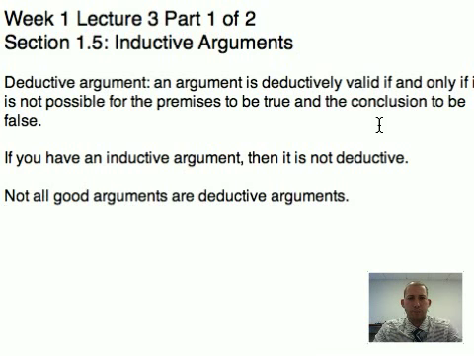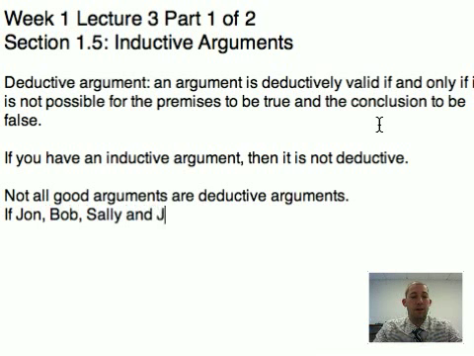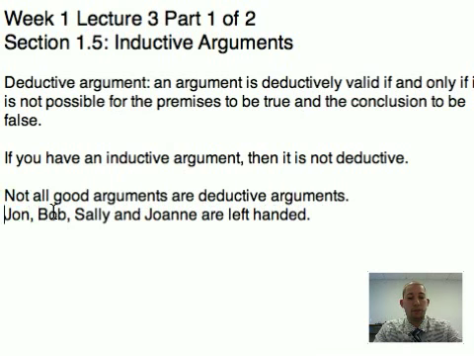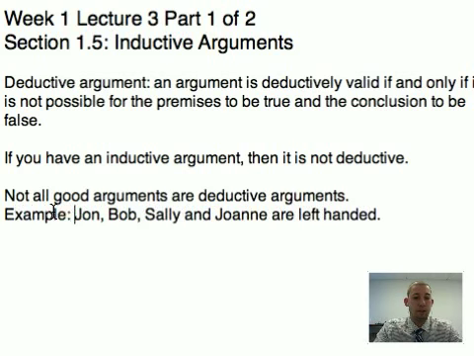So, for example, let's use the example from the text. Let's suppose that John, Bob, Sally, and Joanne are left-handed. This is going to be an example of a good argument that is not necessarily deductive.